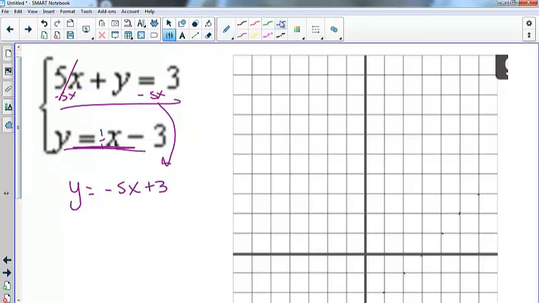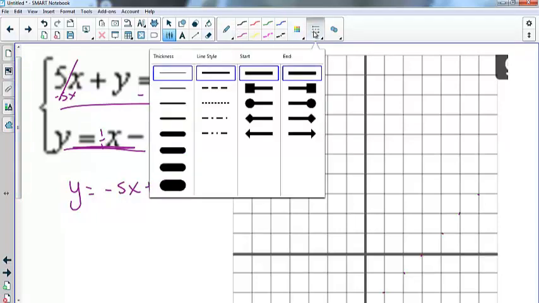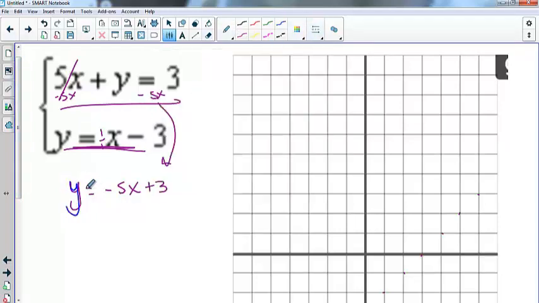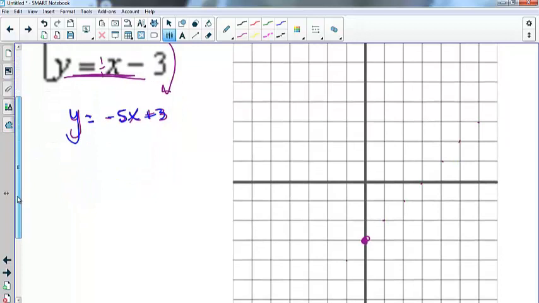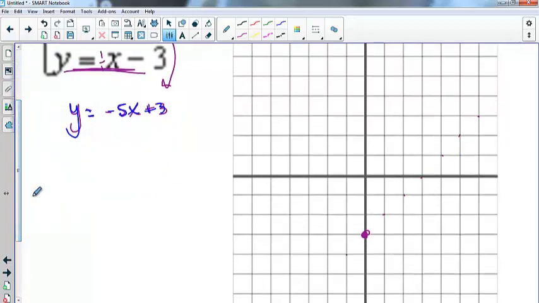I'm going to change my color here, though. So where am I going to start this one at? Positive 3 on the y. 1, 2, 3, right here. Down 5, and right 1. I have a point that meets up immediately. Do you see that? 1, 2, 3, 4.